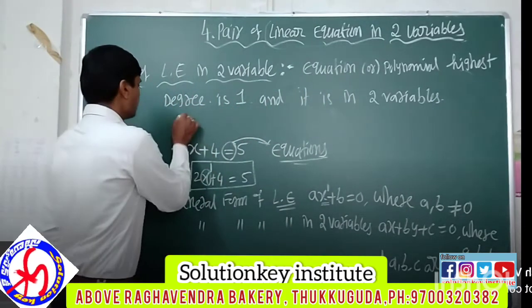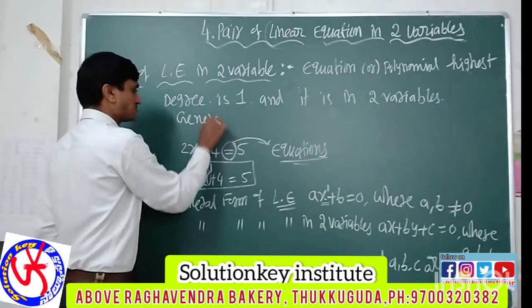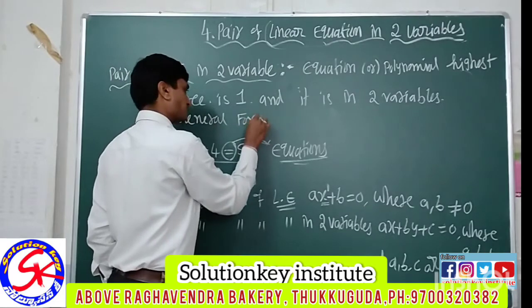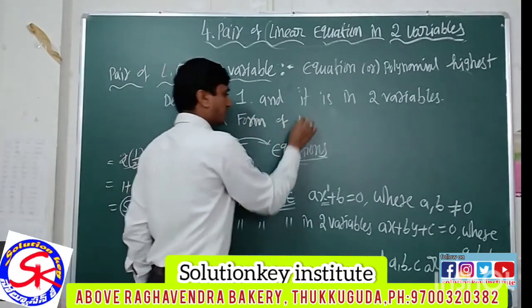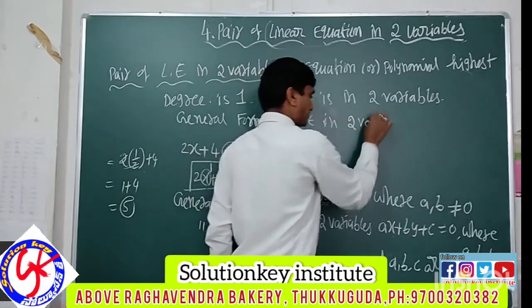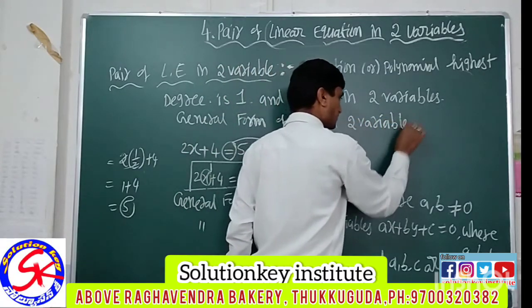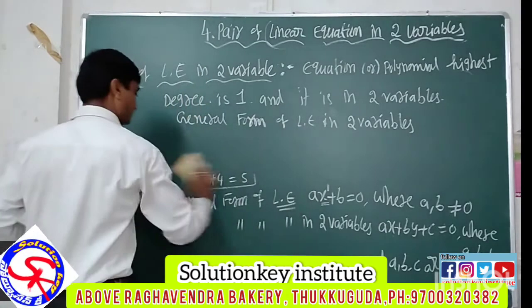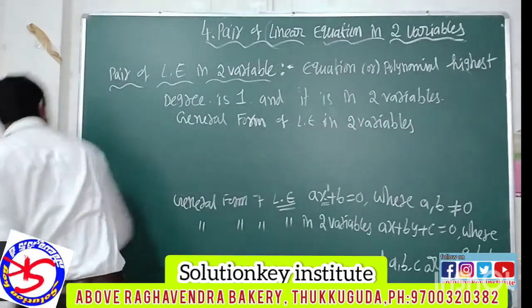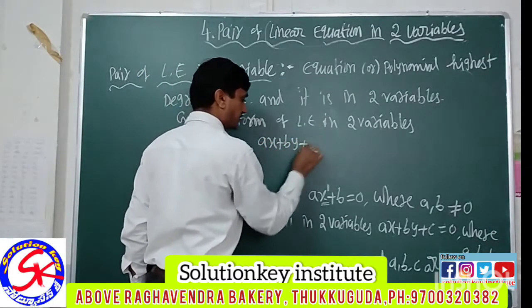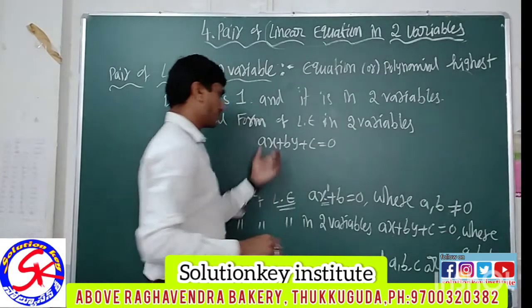And the general form of linear equation in two variables is what now? ax plus by plus c is equal to 0 in two variables.